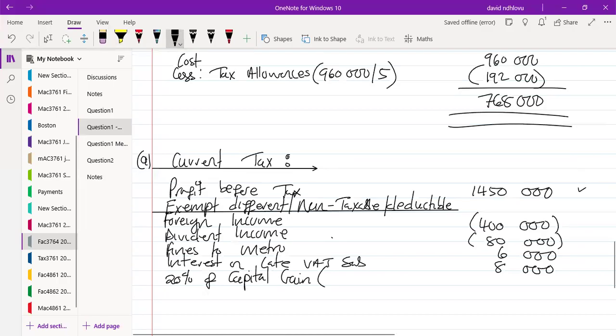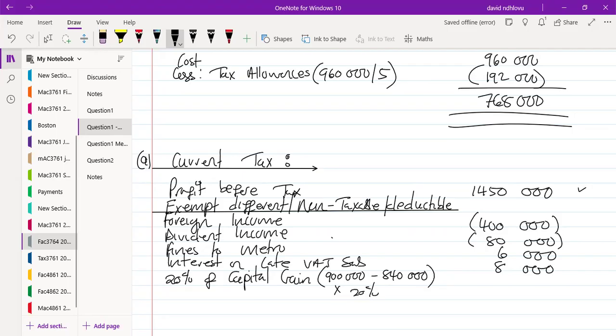So therefore we're going to say 900,000 minus 840,000. Then the answer that you have, you are going to multiply by 20%. Let's just do it on the side. We are reversing only 20% of that figure.